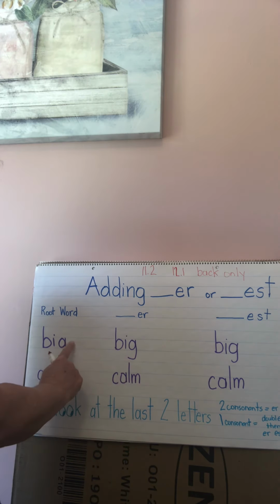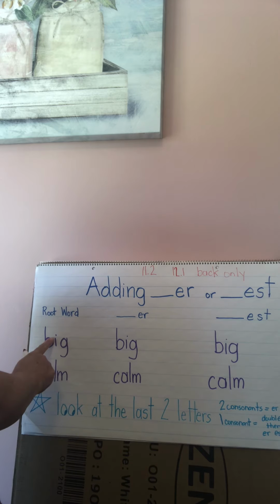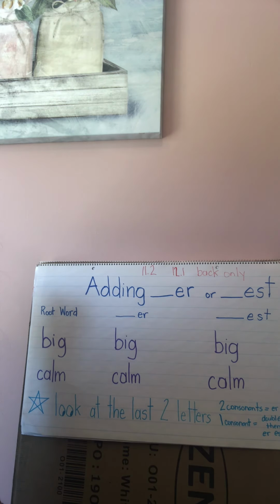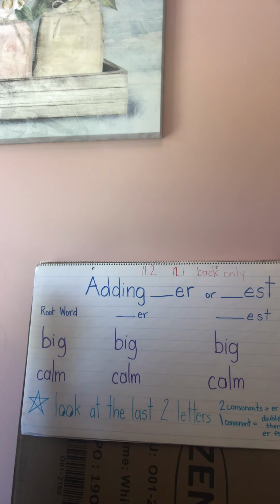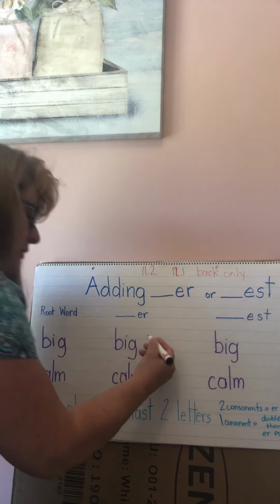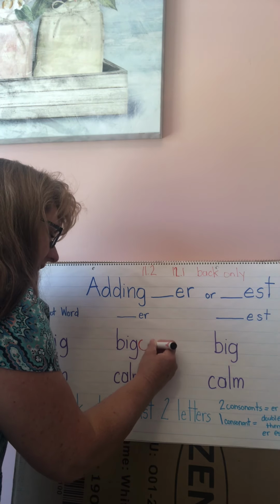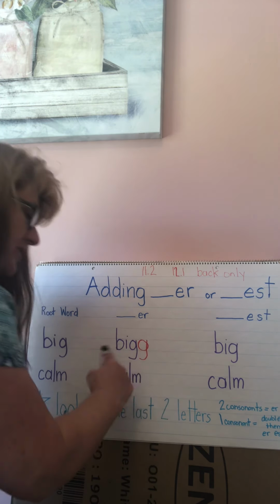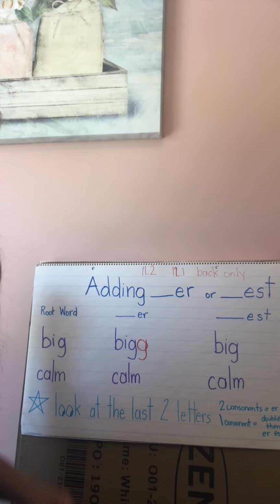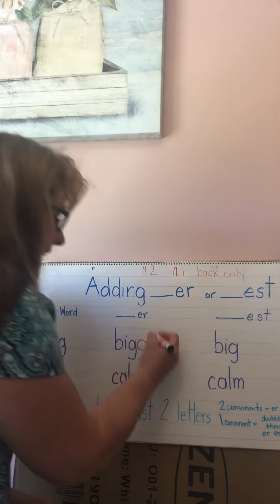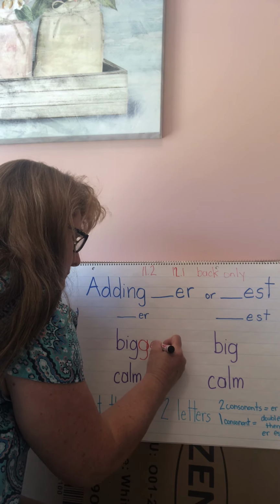I can't add just ER because that E will jump over and make I say its name. And we want the word bigger, but we're not going to get the word bigger because we have just the 1 G. So there's only 1 G. I know I've got to add another G. Doesn't change the way the word sounds, just prevents that King E from jumping over. Big, and then I can add my ER.